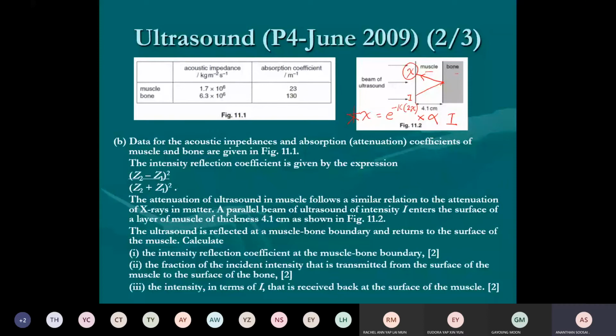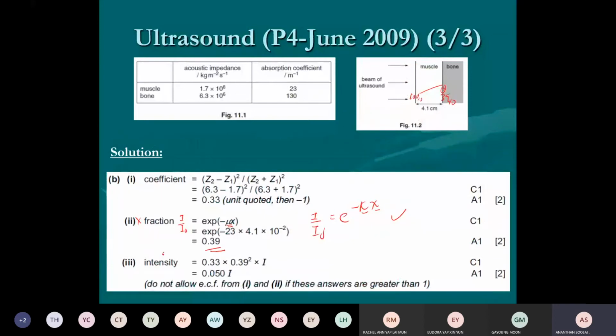So that's the mark scheme here. You see the mark scheme? The intensity, this is your x, equals 0.33, your alpha, times e to the negative K 2x. e to the negative Kx is 0.39, so 2x means 0.39 squared, because e to the negative K2x is the same as e to the negative Kx squared.